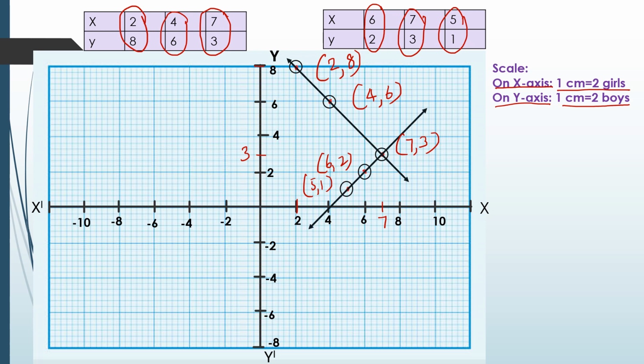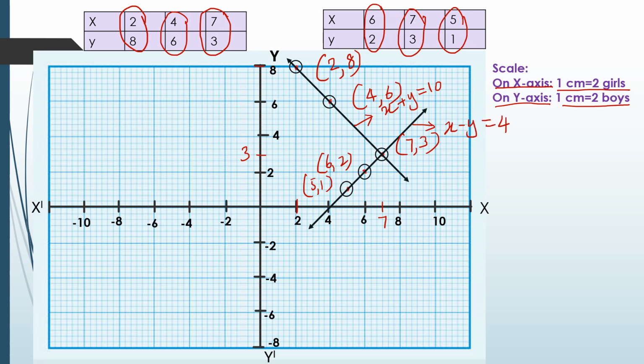So which says that these two equations have a unique solution. And now we need to write the equations. So this is the first line for which we are supposed to write the equation, and the second line likewise. So the first equation is x plus y equals to 10, and the second equation is x minus y equals to 4.